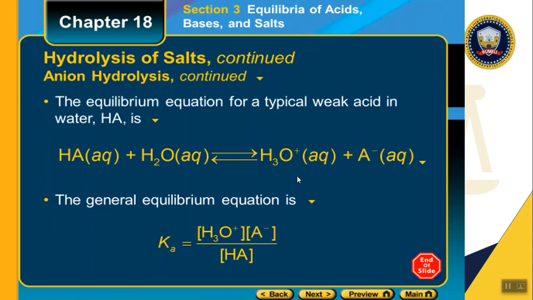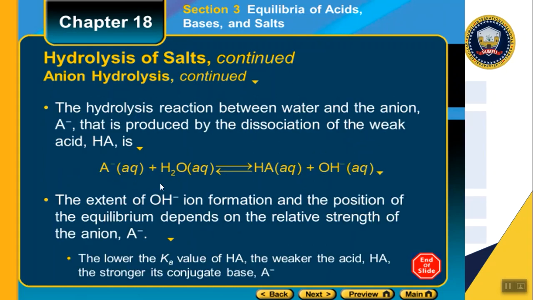Okay, this A negative, which is the anion part of this acid, will be hydrolyzed in water to form what? To form HA plus OH. This OH will reflect the increase in the basicity of the solution from the reaction between weak acid and strong base.